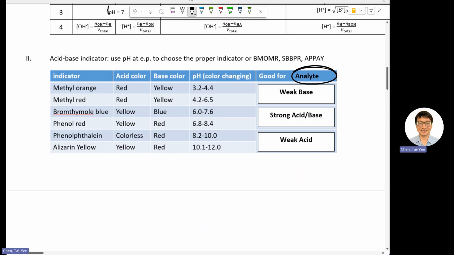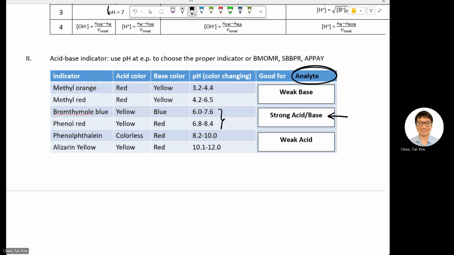Let's start from the simple one. This is strong acid, strong base. If you have a strong acid or strong base as your analyte, when you reach your equivalence point, we know the pH is going to be 7, right? Because all you produce is just water, okay?